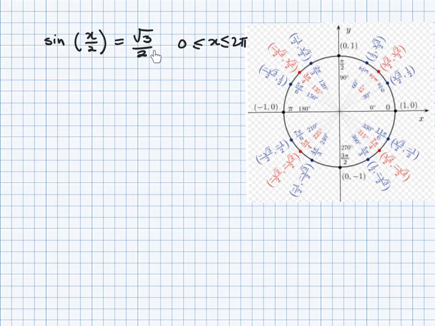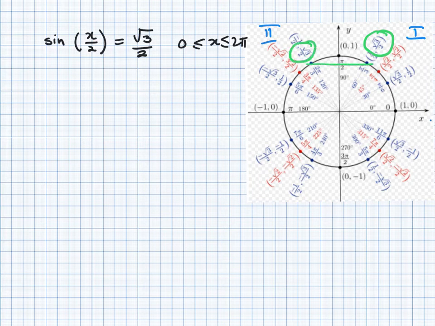Now this one is a positive answer, and because we're talking about sine, we do know that sine is positive in the first quadrant and the second one. Now I'm looking here, sine is the y coordinate, as I said before. So I can see, okay, square root of 3 over 2 is here, and there's another one there.